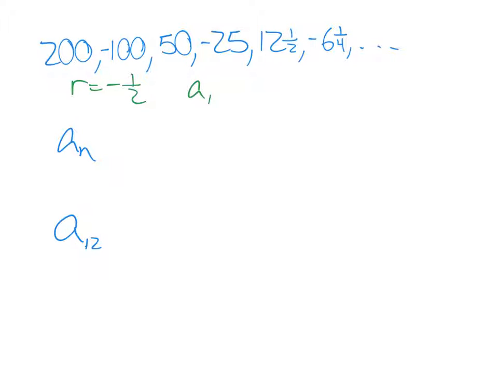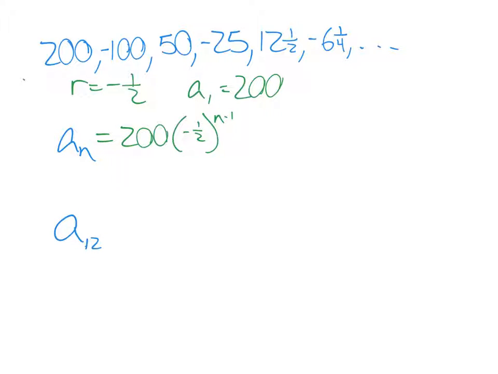What's a sub 1? 200. Okay? So if I'm doing a sub n, that's 200 times the negative 1/2 to the n minus 1 power. Now, on your calculator, be careful that you have the negative 1/2 in parentheses. Because the negative will get raised to the power as well.